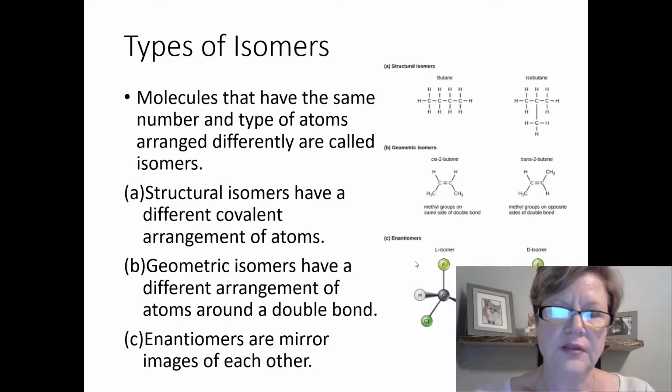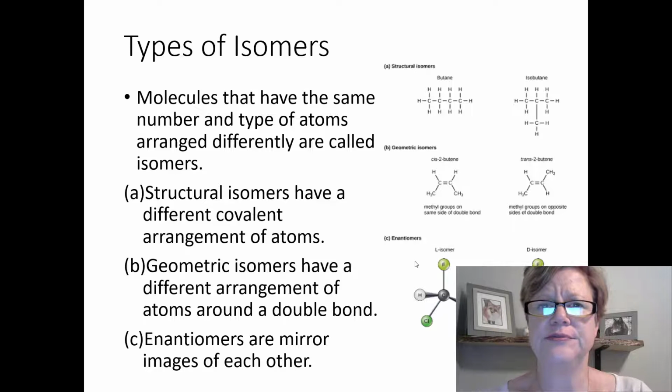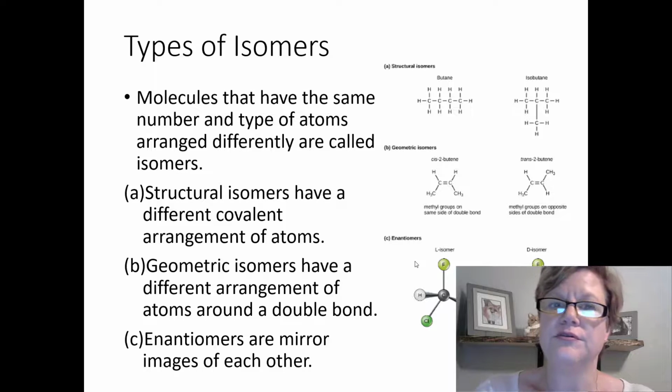All right. Now, we talked earlier about isotopes. Isotopes are atoms of the same element, but they have different numbers of neutrons, so they have different weights. Isomers is not referring to individual atoms. Isomers is a term referring to molecules.